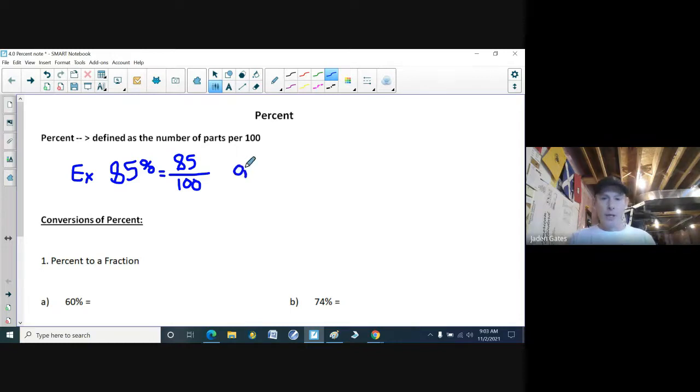Or you could get something like, well, not doing as well, 50%. And what we can say is 50% is, well, we would have gotten 50 out of 100 if there were 100 parts. Or because it's a fraction, we can reduce it to lowest terms.